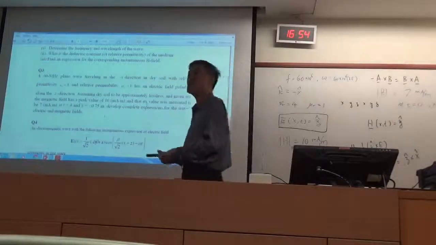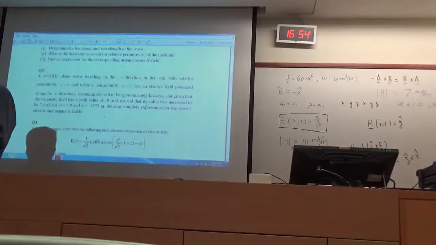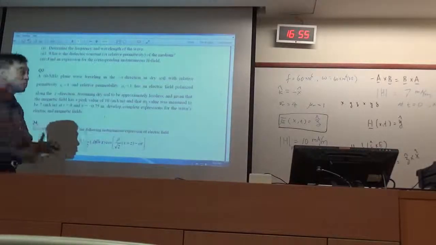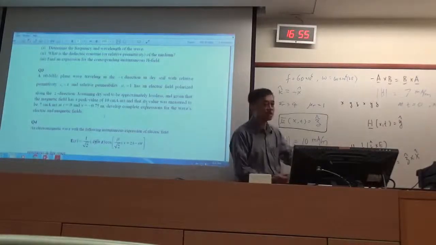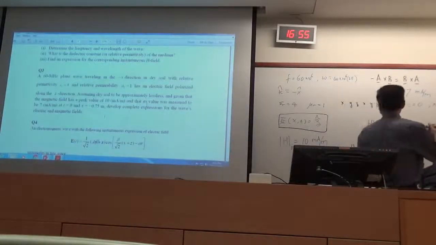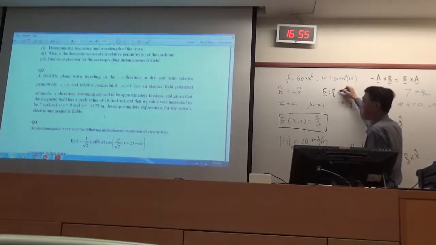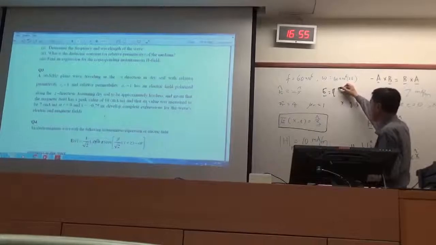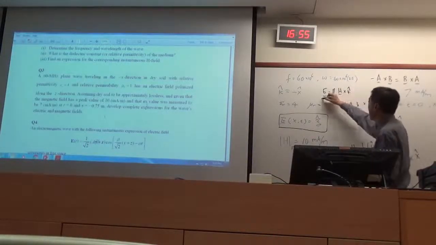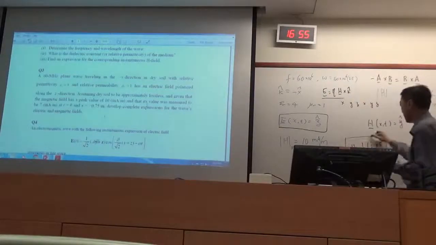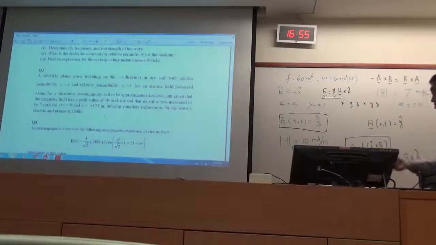So the polarization of the magnetic field can be ascertained straight away if we go back to this particular formula. Remember, there are two formulas here. One is E is equal to zeta H cross k, and another one is H is equal to 1 over zeta k cross E. These two formulas you must know as well.